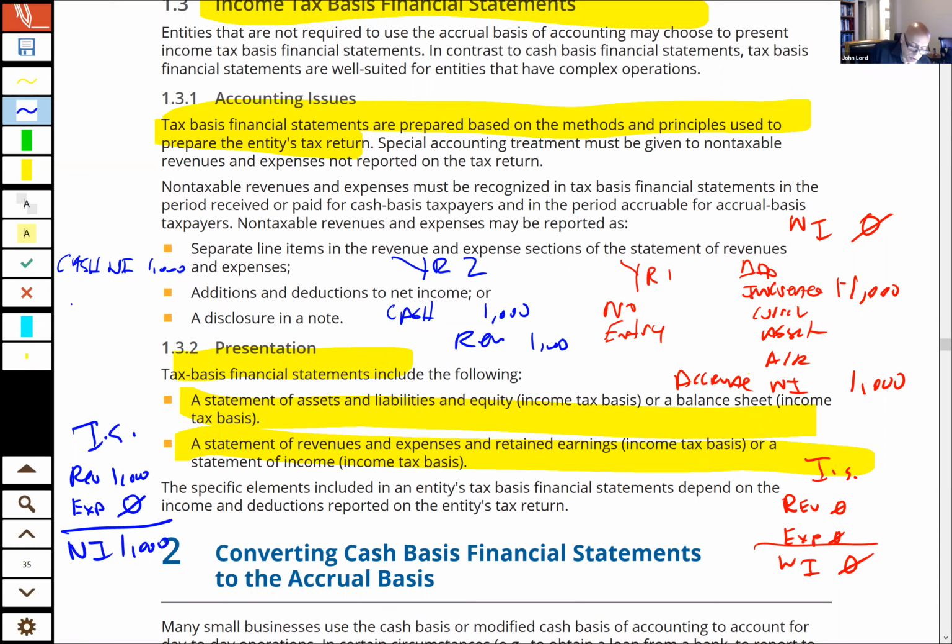So I would subtract the decrease. And when I subtract the decrease, I get my accrual net income. And my accrual net income was what? Was 0, right? Because I only collected cash in year 2 from something that I had done last year.